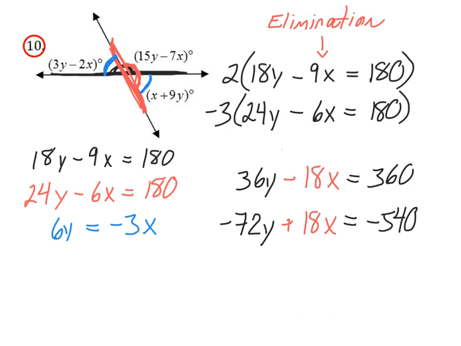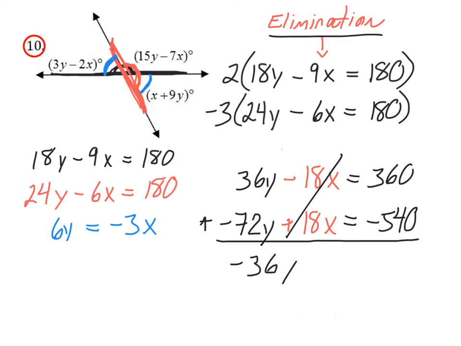The purpose of this, obviously, is to eliminate something. When I combine these two equations, when I add them up, what's going to happen is my x's cancel out. I'm going to end up with negative 36y equals negative 180.